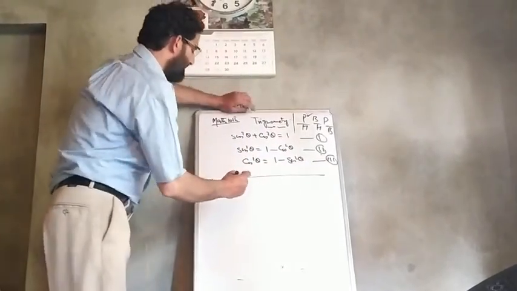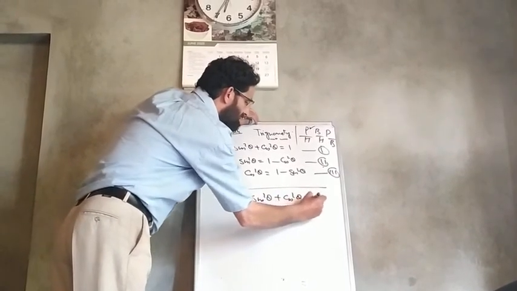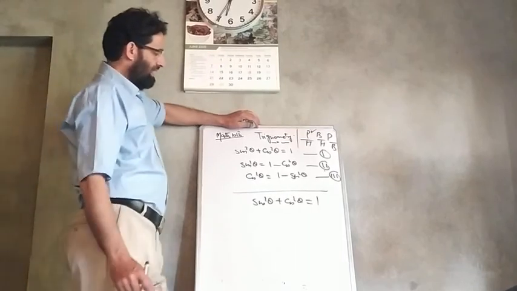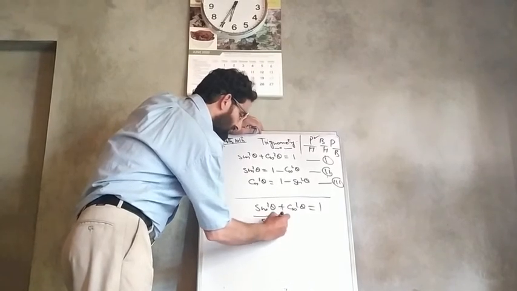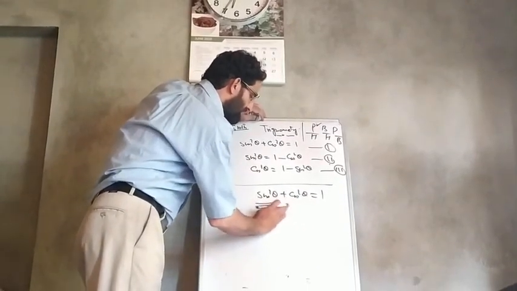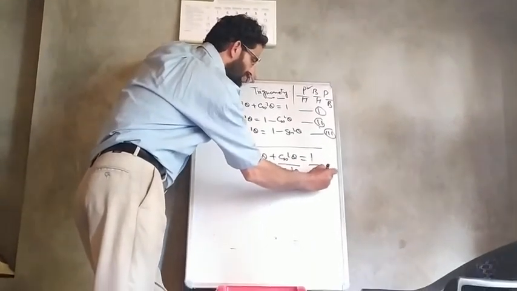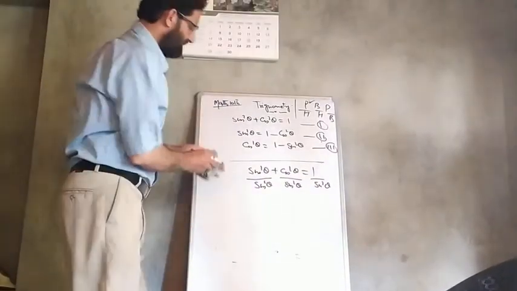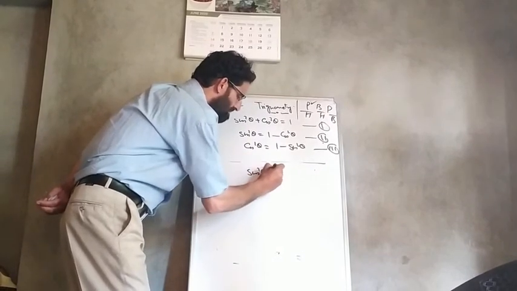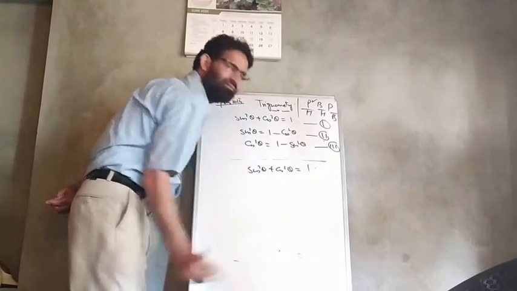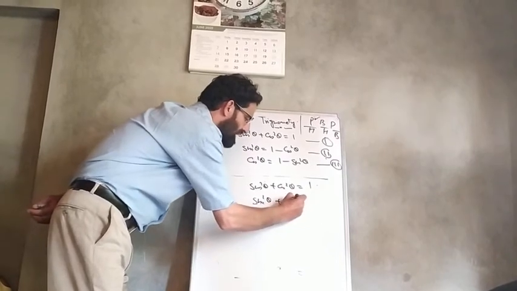Now let's write again this fundamental identity. This is sine square theta plus cos square theta is equal to 1. Now you shall do one thing. You will divide each term by sine square theta. Again, I shall write it once again: sine square theta plus cos square theta is equal to 1.